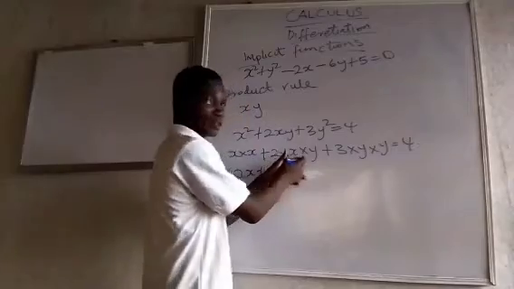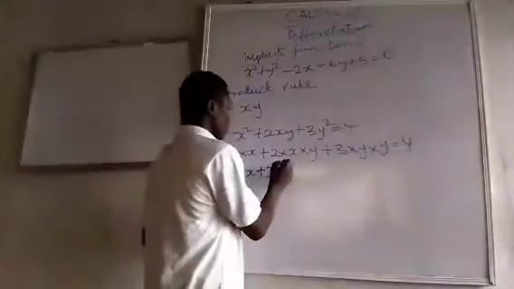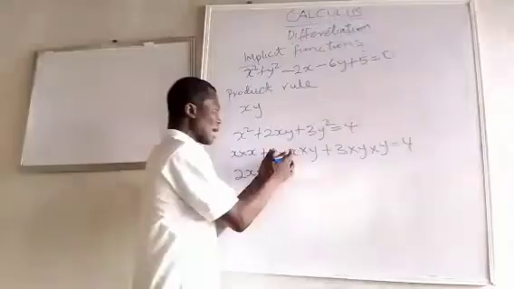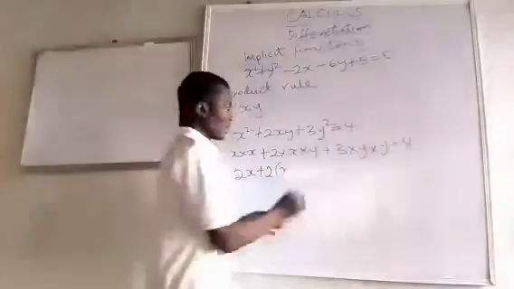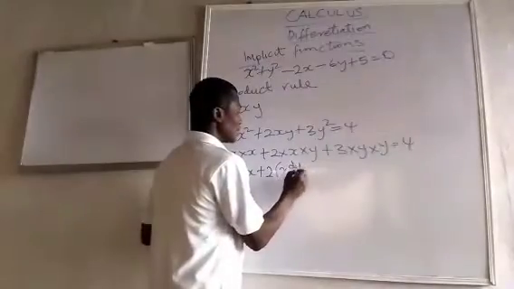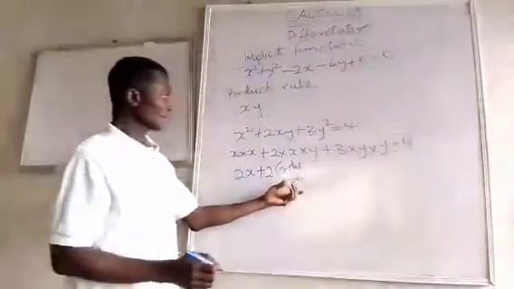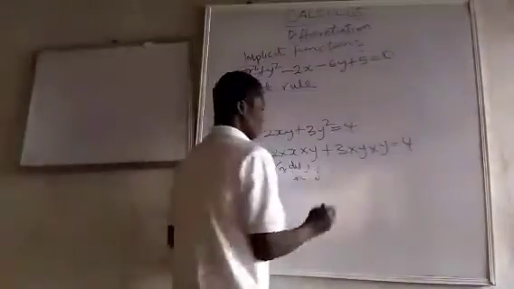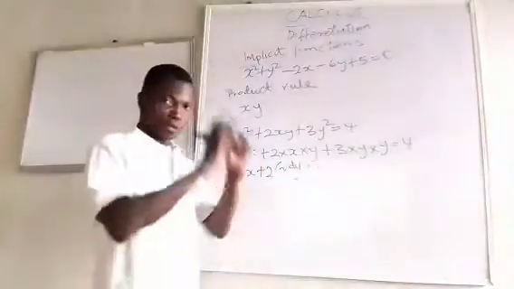Now, for me to differentiate x and y, what am I going to do? I'm going to have x. If you differentiate this one, it's going to give you dy/dx. You can see. Plus y. If you differentiate x now, it's going to give you 1.